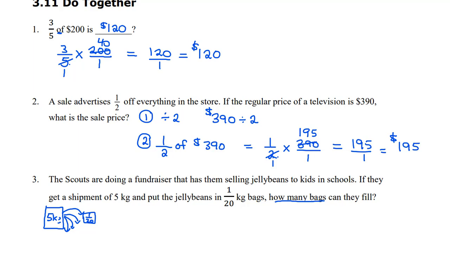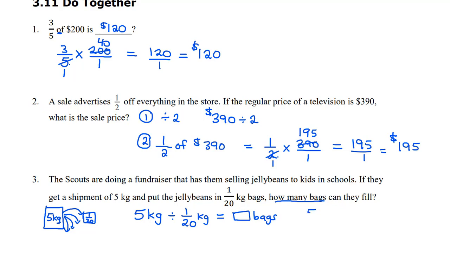So because the 5 kilograms is a large number, that's our total. That's going to go first, divided by the bags. So the 1/20th of the kilogram. So that's going to give us the total number of bags.